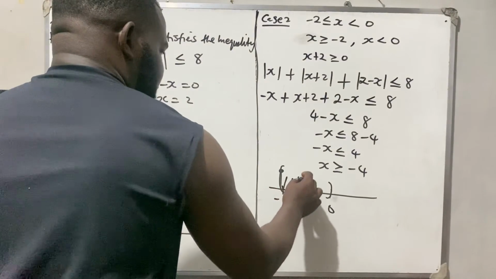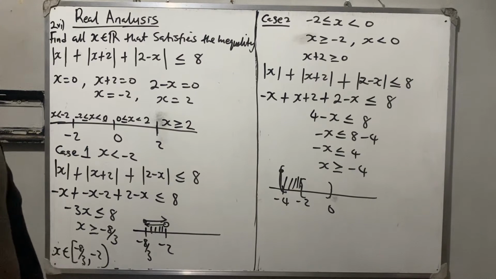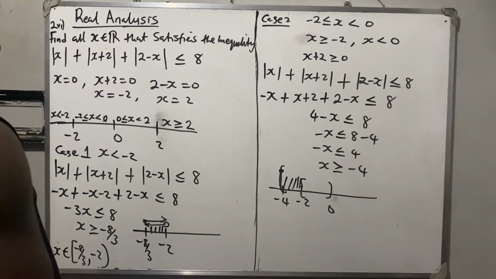That is from minus 4 to 4 is the intersection. Right? So which one? What they have in common.